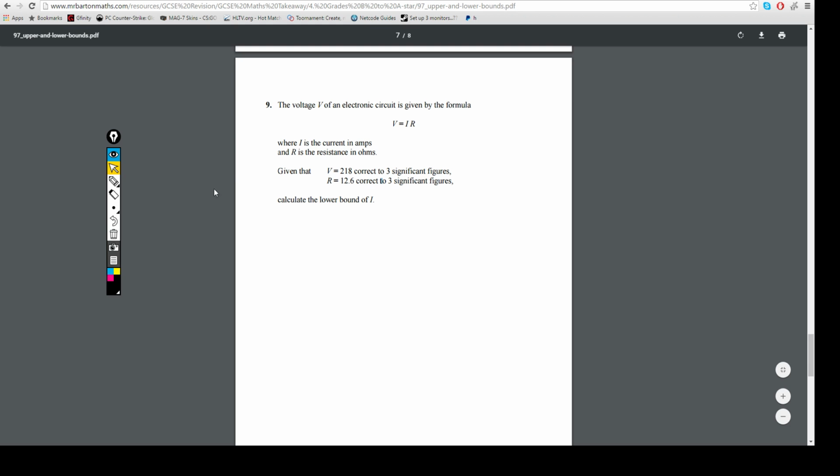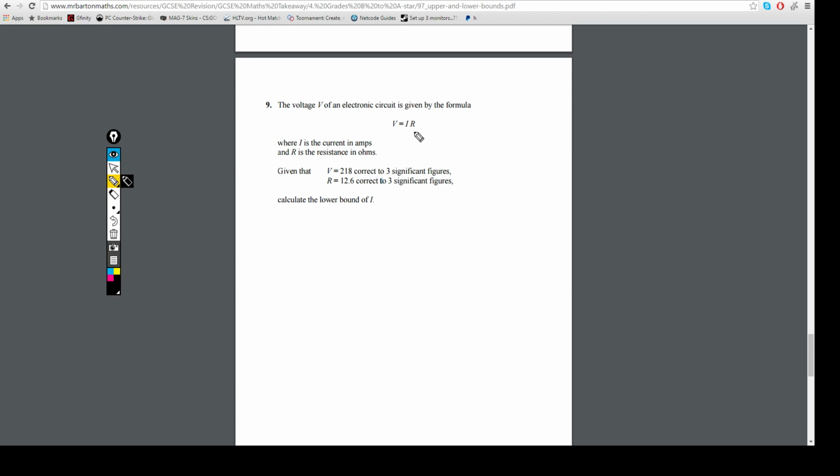lower bound of I. We can do this by taking this formula, V equals IR, right? So we're timesing I against R, and we will have to rearrange the formula to use this. So we're going to have to divide by R, right? To get I on its own, so we can work it out.